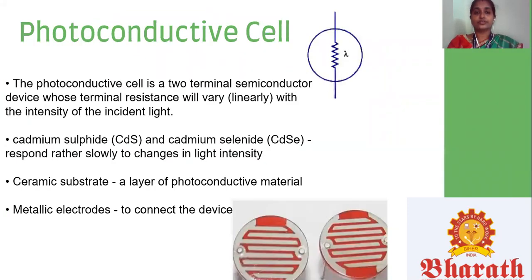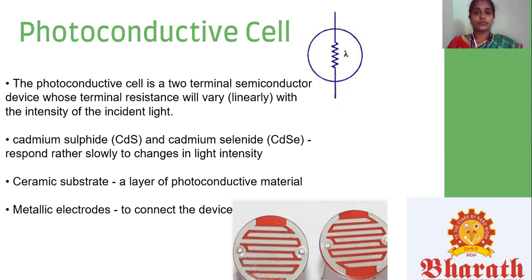The next kind of photo sensor instrument is the photoconductive cell. Photoconductive cells are light sensitive resistors in which resistance decreases with an increase in the light intensity when illuminated.